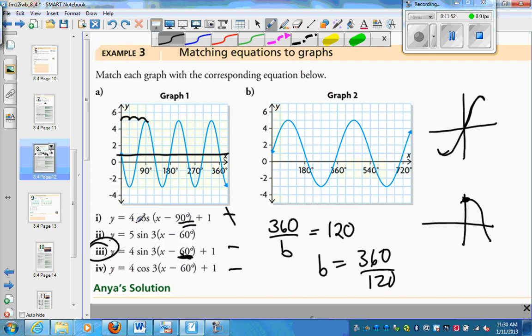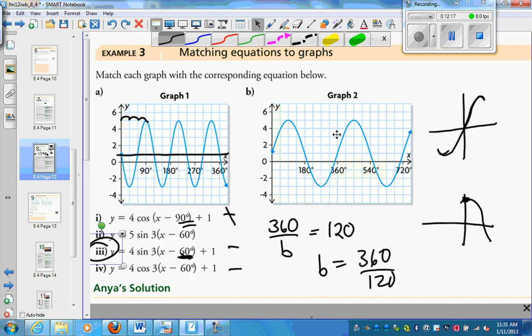Does it have an amplitude of 4? Yes. But what about its period? We've got to look at its period here. That period just doesn't work out, because this is saying its period has to be 2 pi, and that definitely does not have a period of 2 pi. So I think graph A must be that one there.